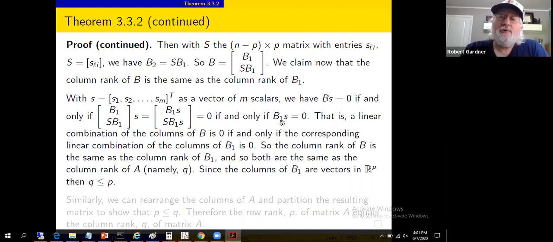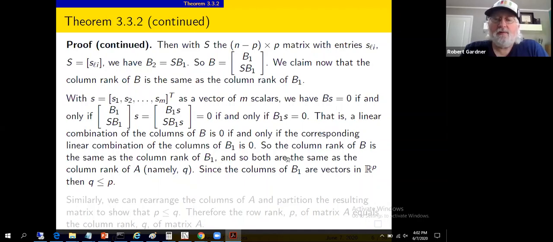That's this observation translated into a comment about linear combinations of columns. So that's a comment about linear dependence and independence of columns. The column rank of B is the same as the column rank of B sub 1.